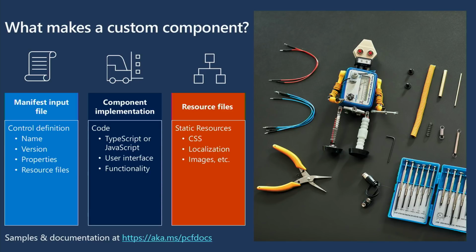The last one is the resource file, which means a control, a lot of the time, would need external stuff to make it more beautiful. Images, localization files. Libraries was one of the bullet points there. I removed it.